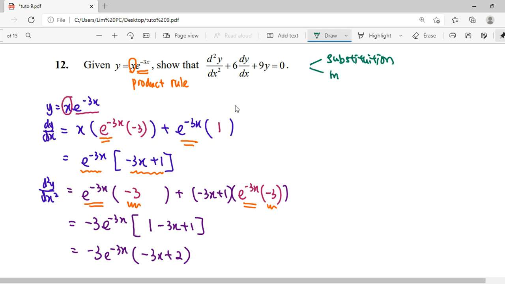Another one is the multiplication method. According to our experience in past years, normally for an explicit equation, substitution will be easier. If we have implicit differentiation, then the multiplication method of solving will be easier to show something.